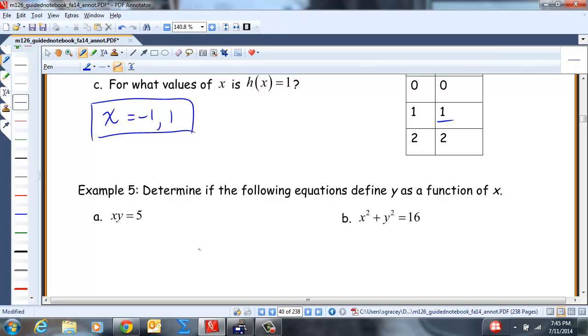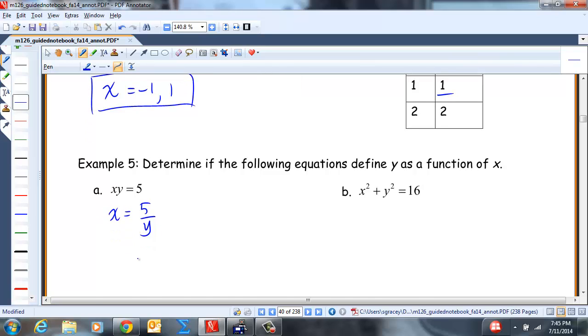Here, if I were to isolate x in each of these, do you see that x would equal 5 over y? So each x value will go to a single y value. Now this is not what we would use for graphing, so please don't get confused with that.